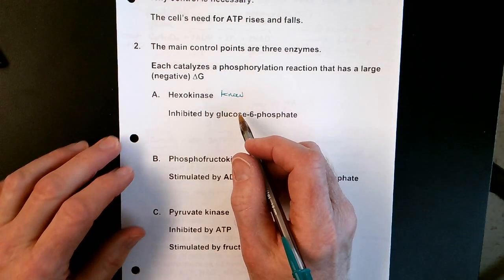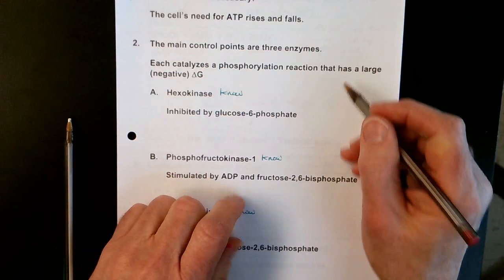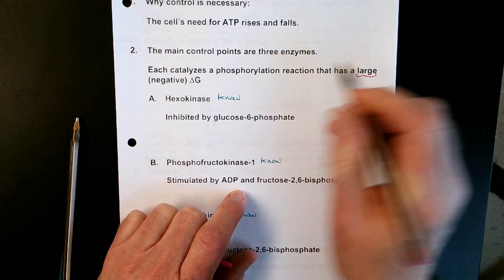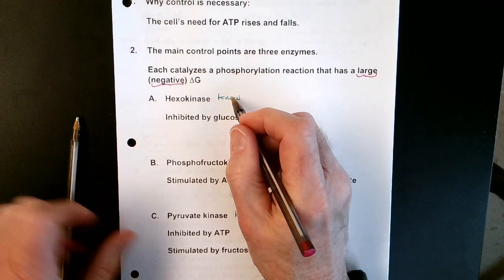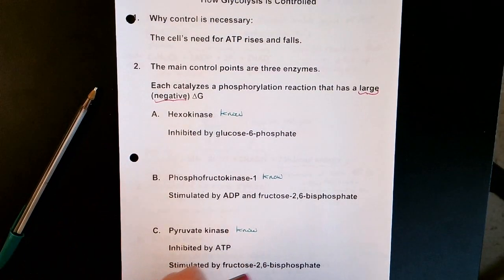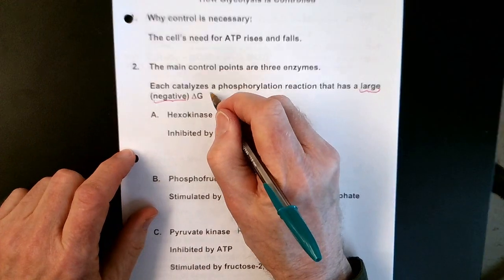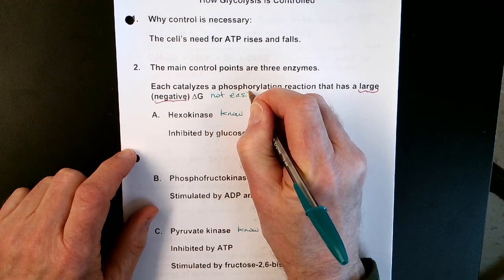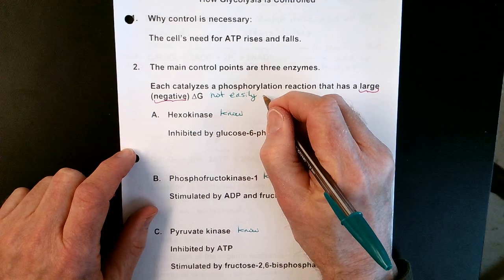And each one of these also is parked at a spot where you have a large and negative delta G. In other words, they're not easily reversible. Now, that doesn't say that it's impossible. It can happen.